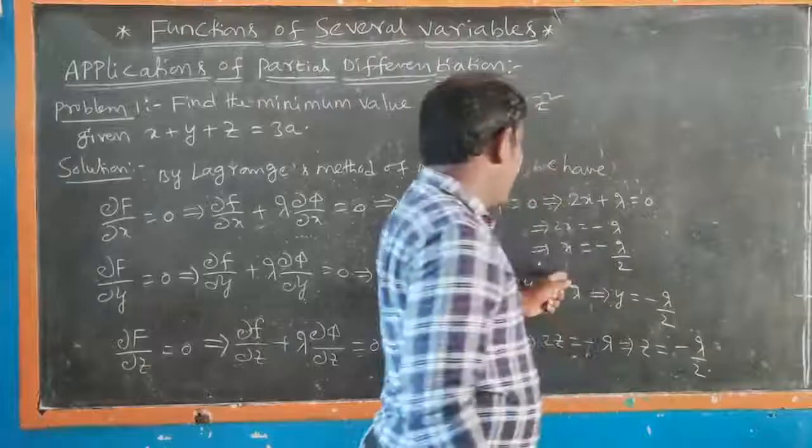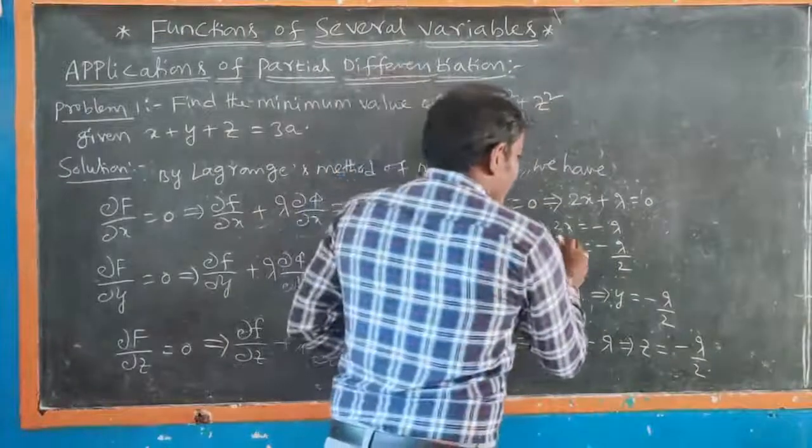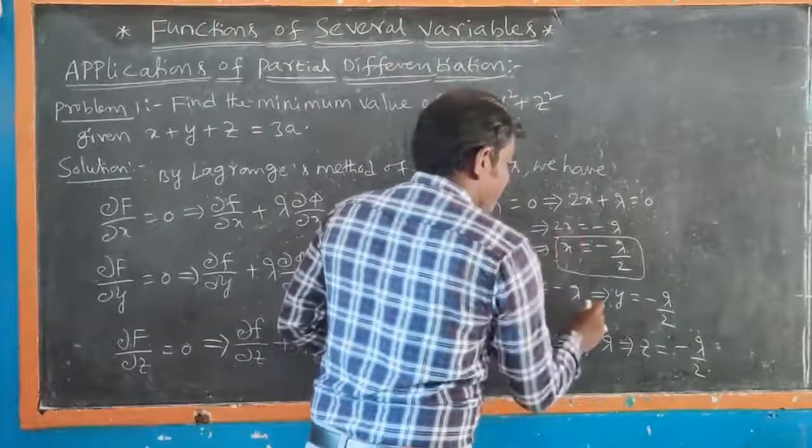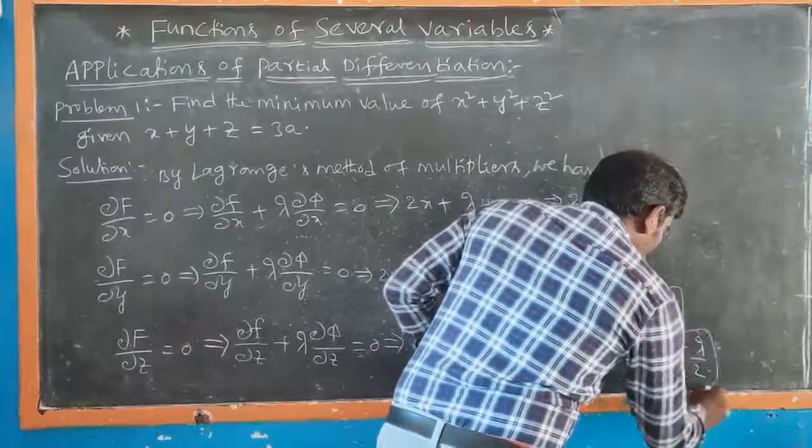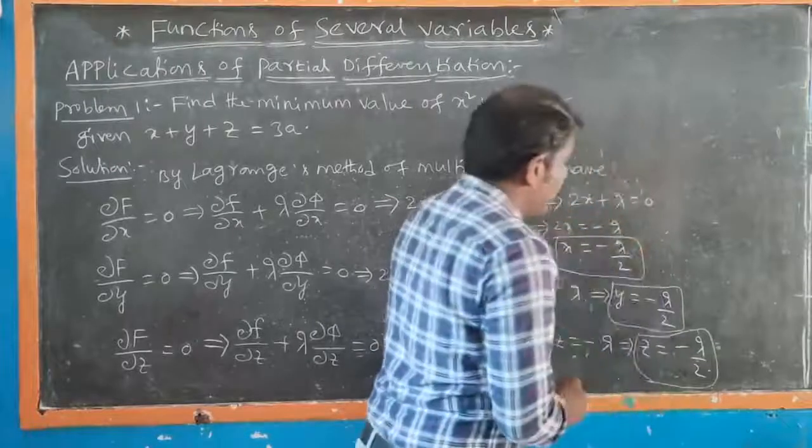Now here x equal to minus lambda by 2, y equal to also minus lambda by 2, and z equal to also minus lambda by 2.